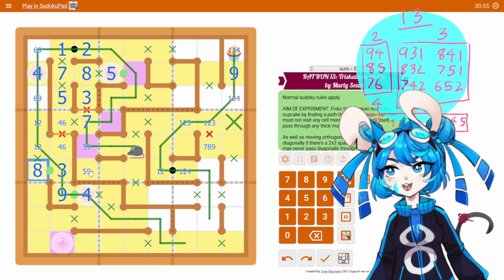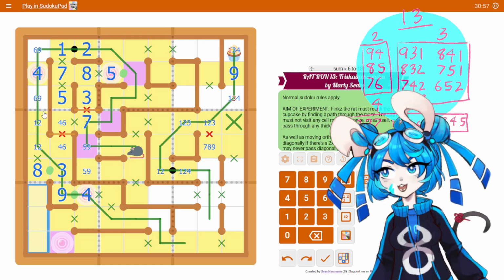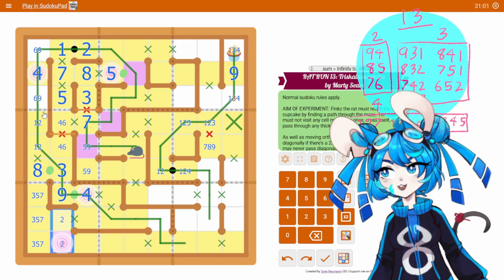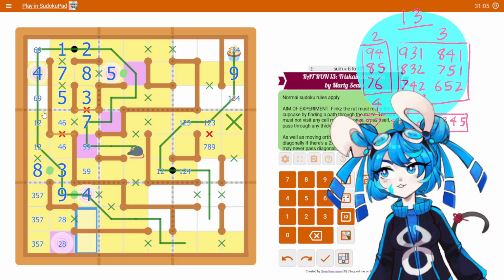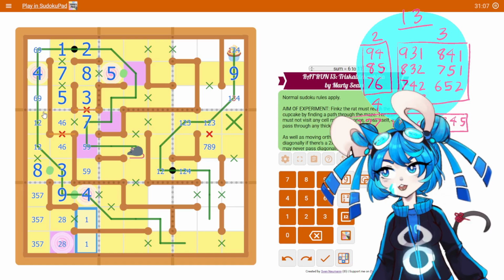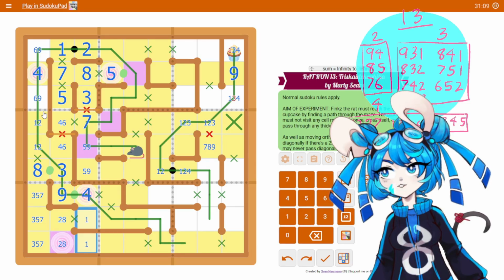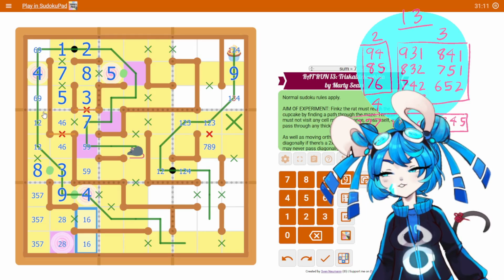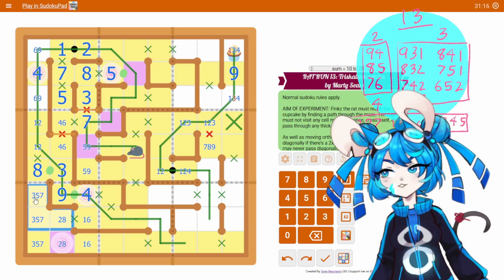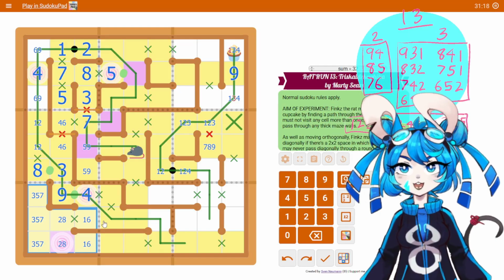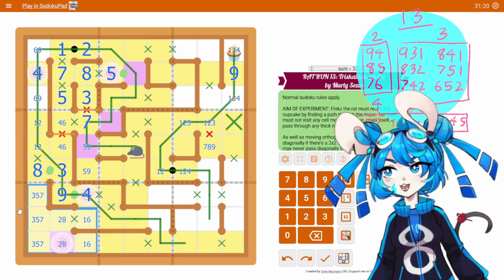That puts an 8 here. These three digits are 3, 5, 7. These two digits are 2 and 8. These two digits are 1, 6. And they're not on any sum or any other thing, so we can't really determine anything from them directly.